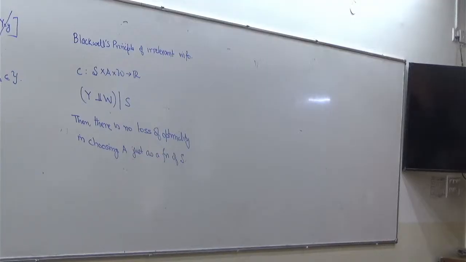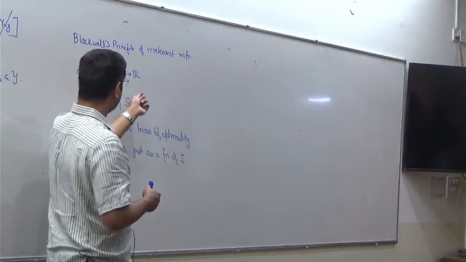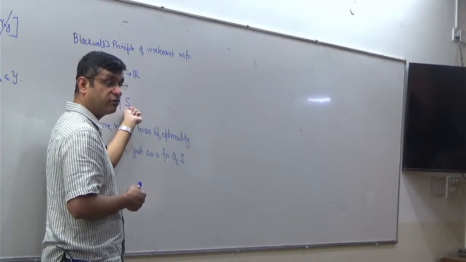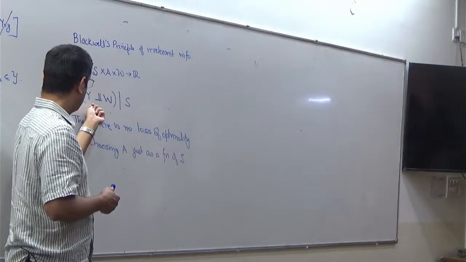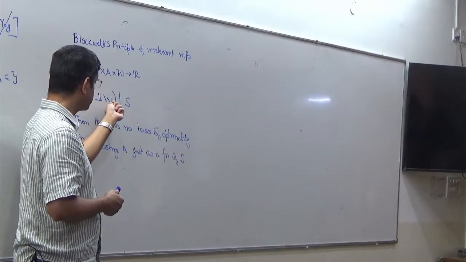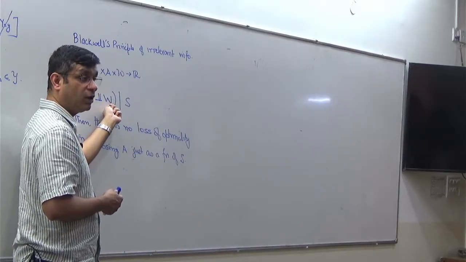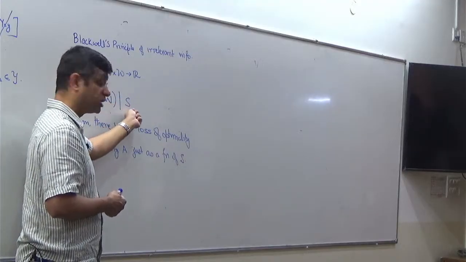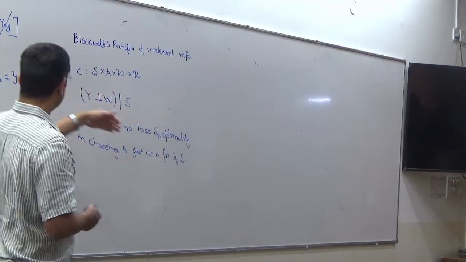So this tells me when information that is available to us is irrelevant for the purpose of making decisions, and that is the case if I have access to other information Y that is conditionally independent of all my payoff relevant variables conditioned on S. And the proof is exactly the same.